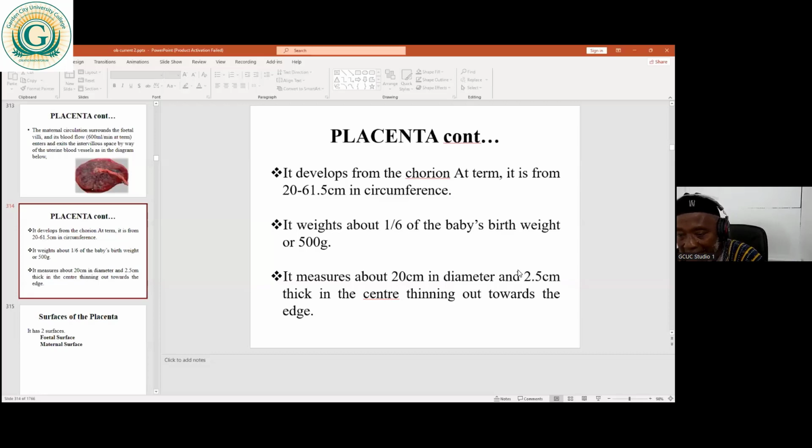So it's like a plate. You measure the circumference, the diameter, and the thickness. This is the normal measurement. As we go along, we see some problems with the placenta, and then you appreciate this measurement.